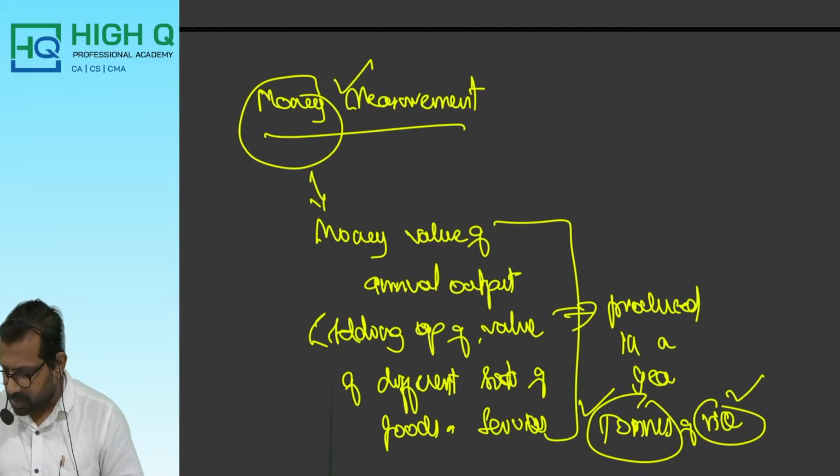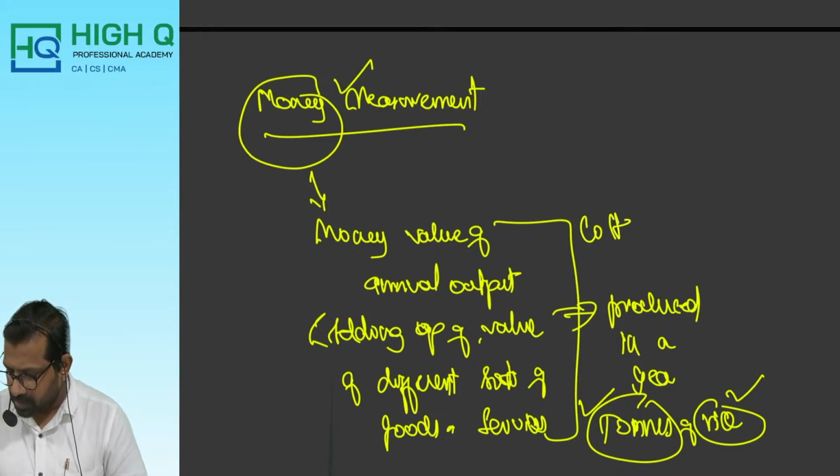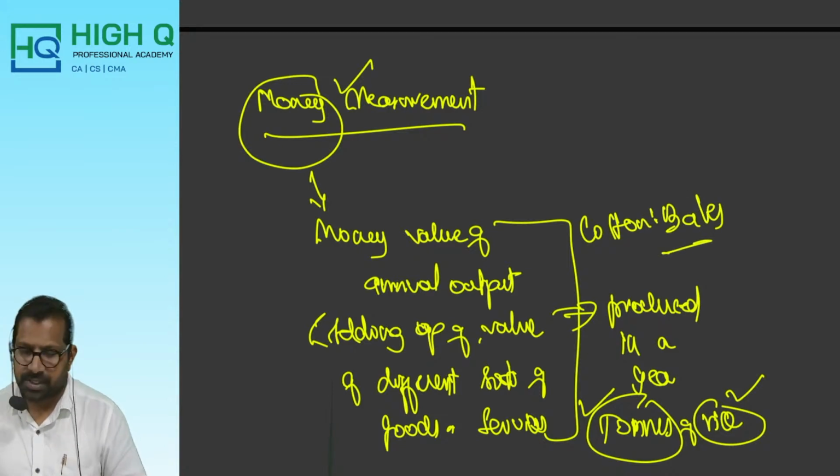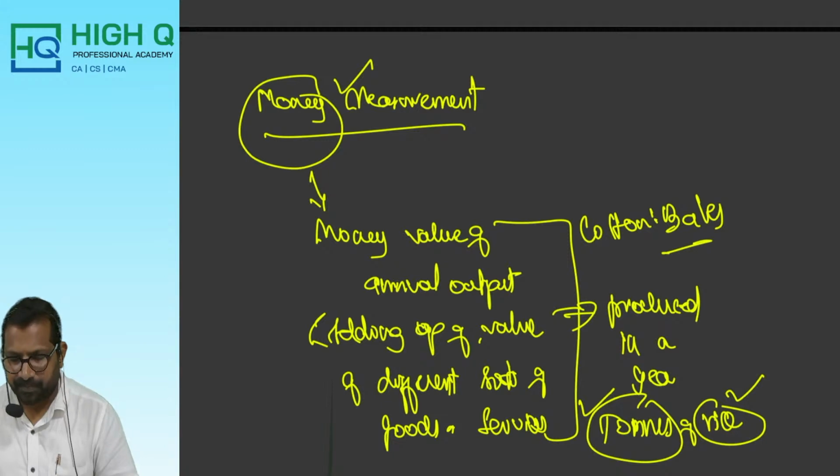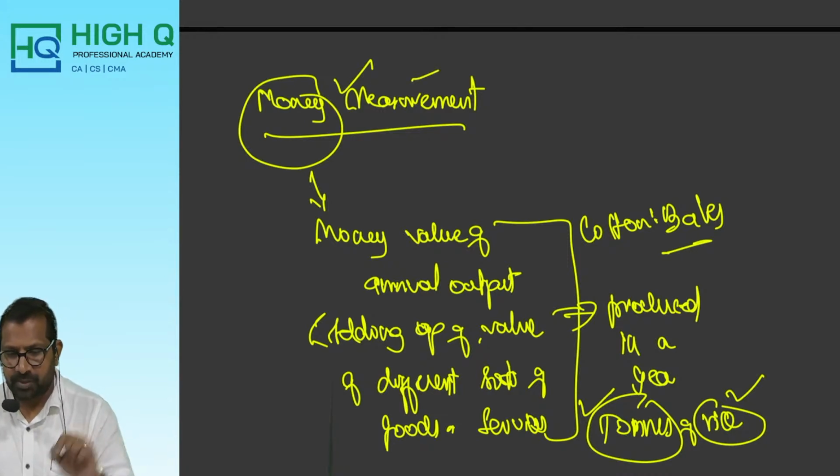Say for example, cotton, then they measure with the help of bales, how many bales are required to produce the cotton. So for that, how much value can be fixed for each bale? So here, which one plays a major role to measure the national income? Only money.